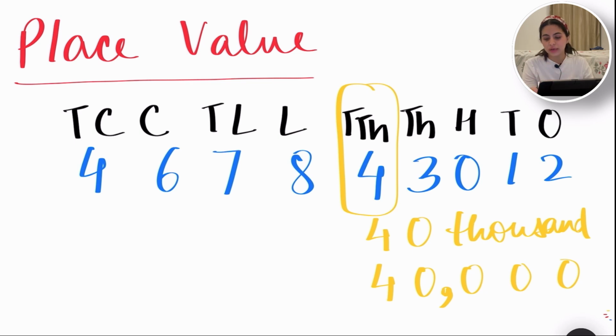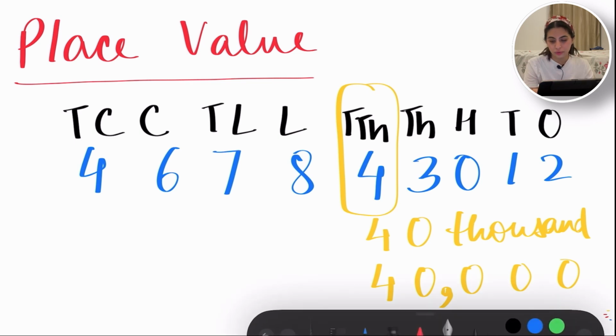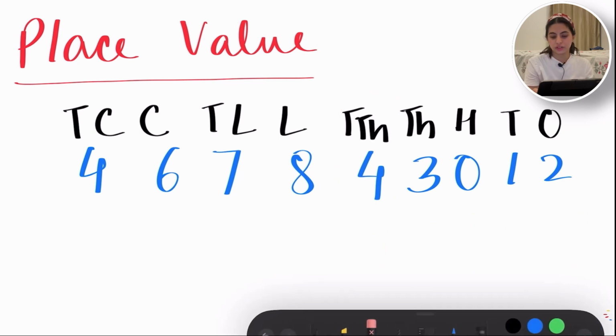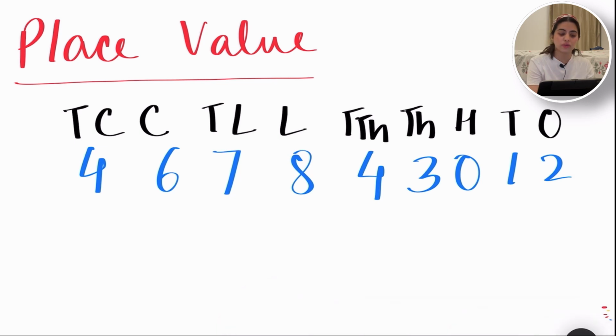Let me write down the place value for each of the digits for you. Here you will see for each of the digits, that digit remains the same, and on the right, the rest of the digits become 0. Let me do it for all of these digits. Now, don't get confused. I will be writing all of them together.